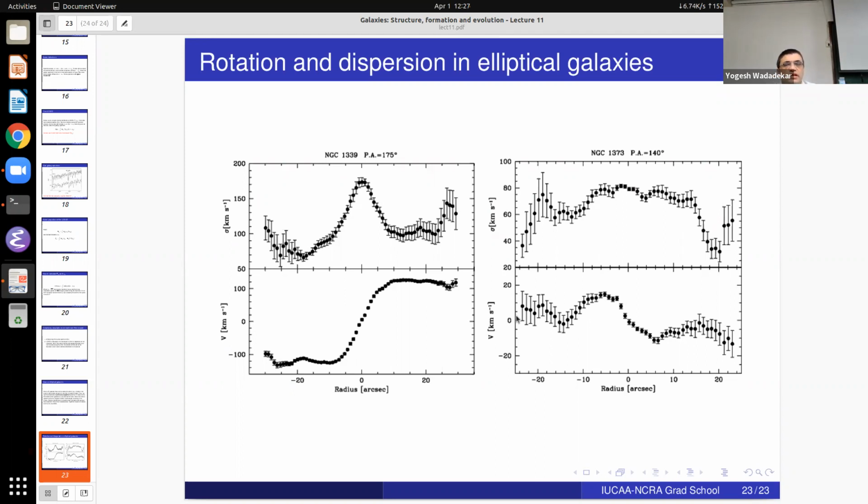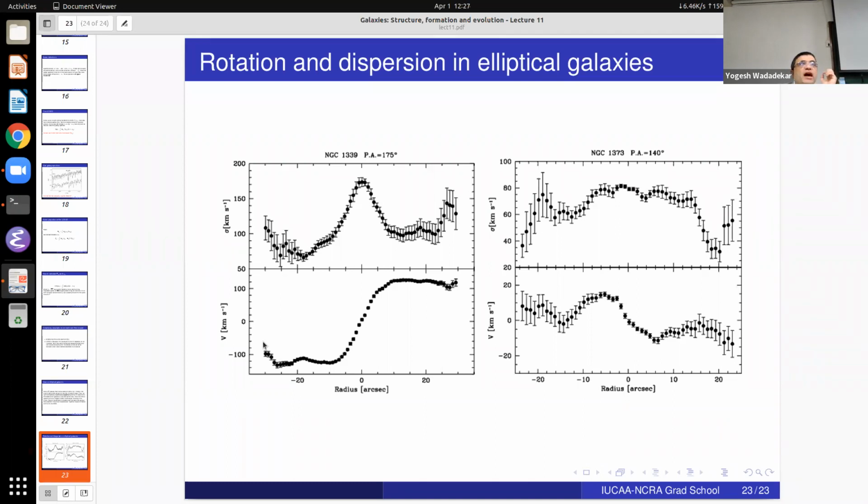However, it has been found in recent years, primarily driven by observations with integral field spectrographs like SAURON, that there are many elliptical galaxies which are called fast rotators. So many elliptical galaxies of this type have now been discovered.